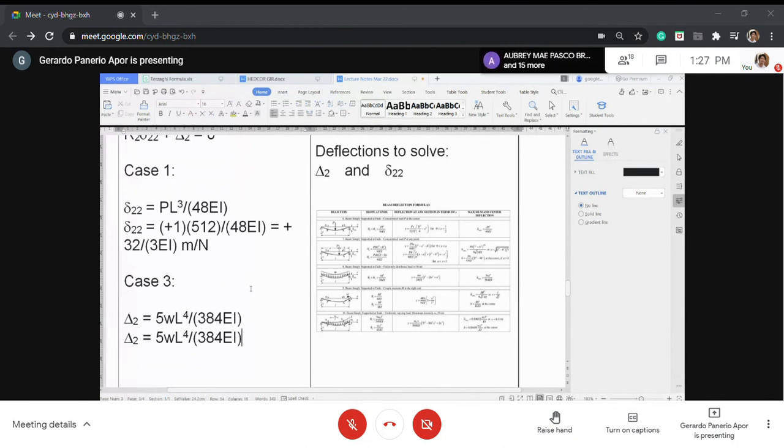So we have negative 3200 divided by 3 EI. Okay, the unit. Kini siya is Newton per meter multiplied by meter to the fourth.